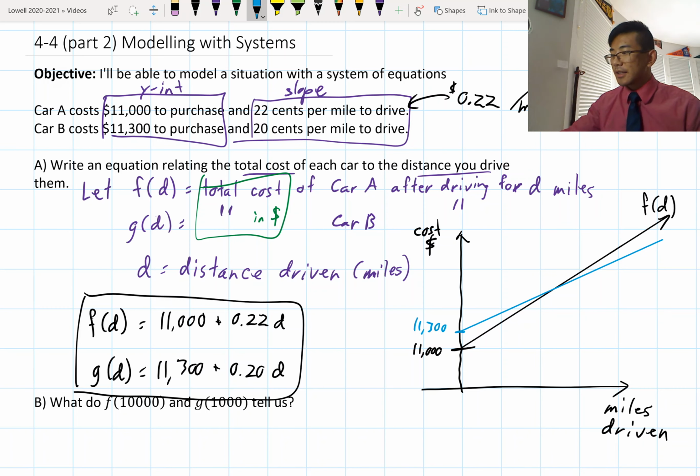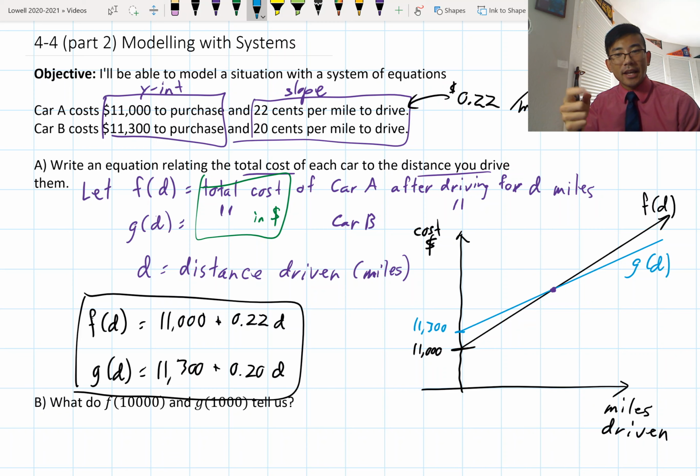We know that at some point the total cost of the more fuel efficient car B and car A is going to be the same. But after that, eventually the blue one, car B, is going to be better value in the long run, because eventually you're going to pay off that $300 bonus.